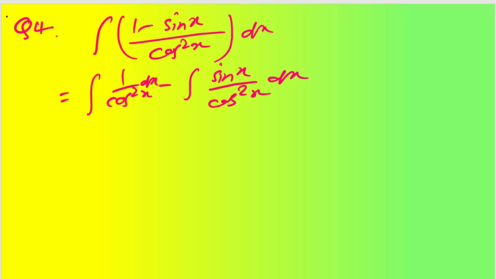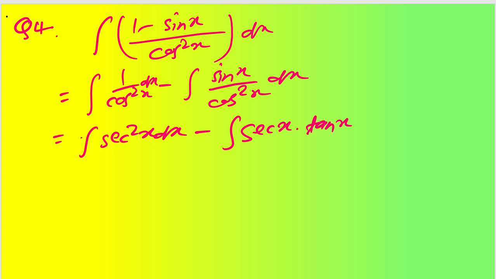Okay. So 1 by cos square x is already sec square x dx, minus this will become what? 1 by cos square x is sec x, right? So it can be written as sec x into tan x dx. Okay. So one of the 1 by cos will become sec and sin by cos will become tan.